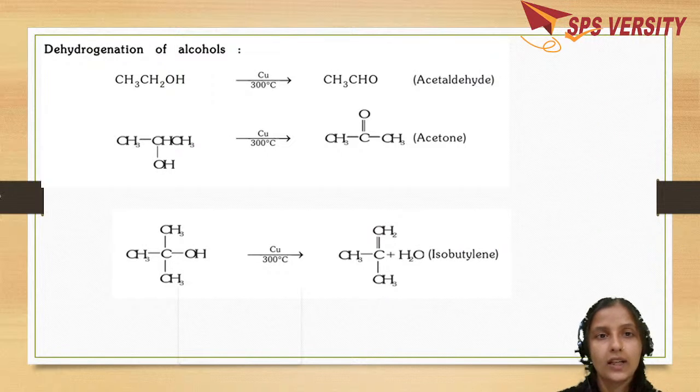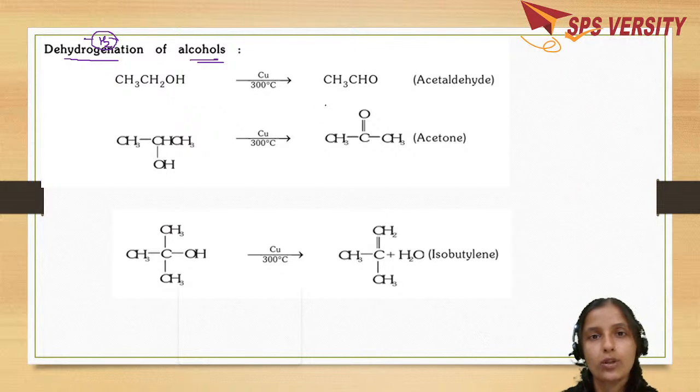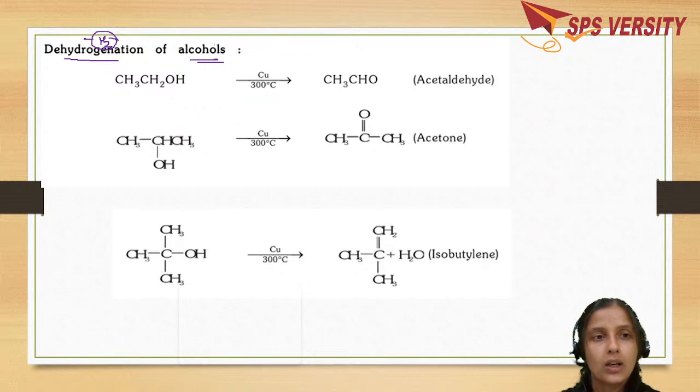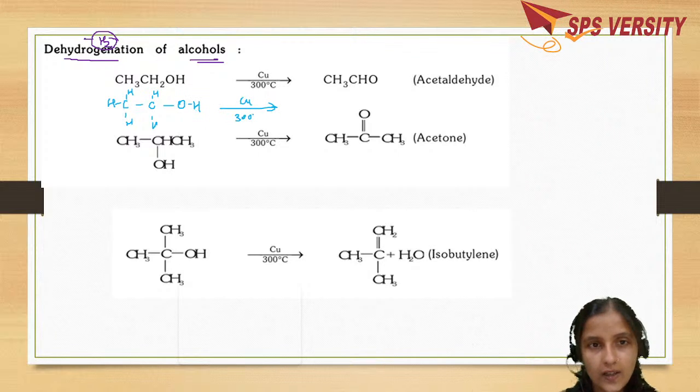Then dehydrogenation of alcohol. What do you mean by dehydrogenation? The removal of hydrogen from the alcohol. Removal of a hydrogen molecule from the alcohol results in the formation of an aldehyde or a ketone. So how is this reaction going to be done? You take the primary alcohol. I'll expand the structure over here. An O and an H, copper at 300 degrees Celsius.